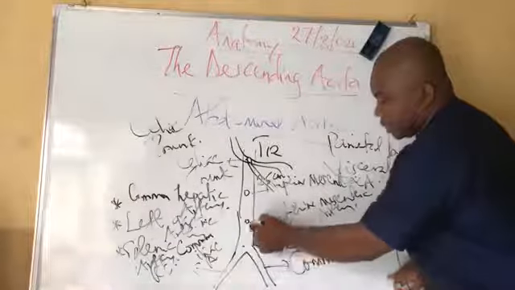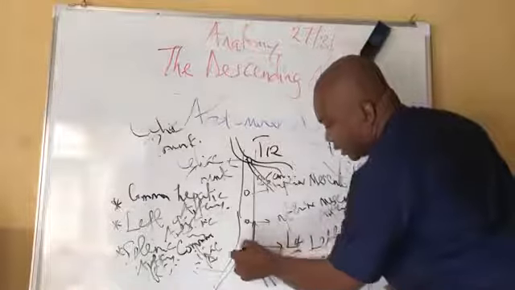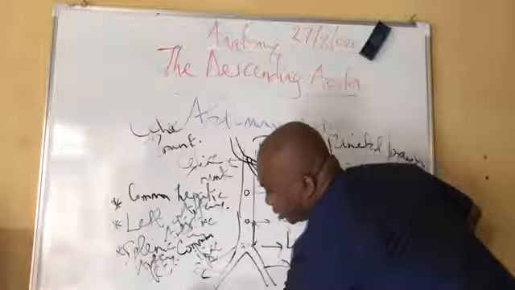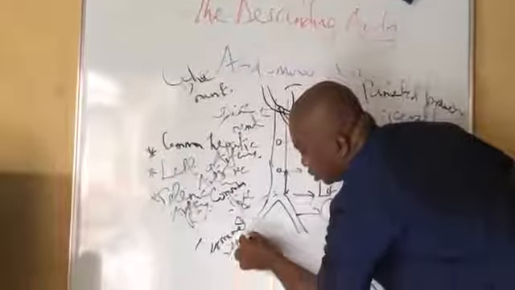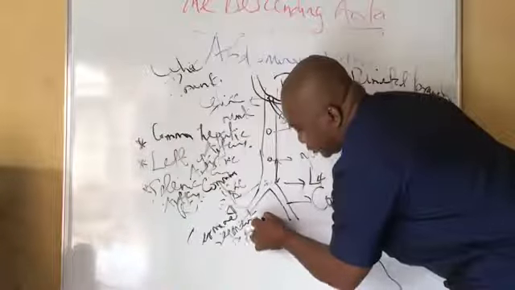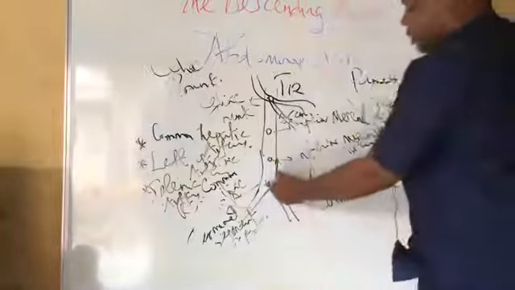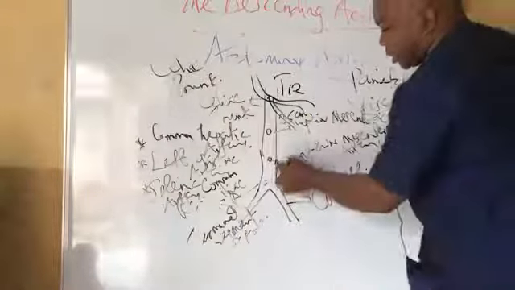This point is referred to as the terminal segment of the aorta, and the distance from it to the inferior mesenteric artery is 5 cm.